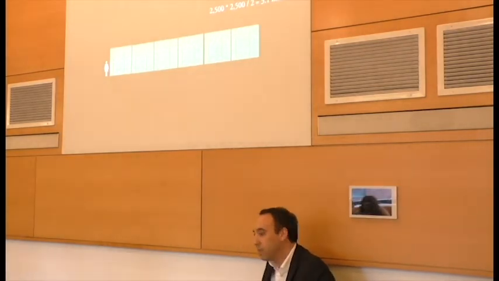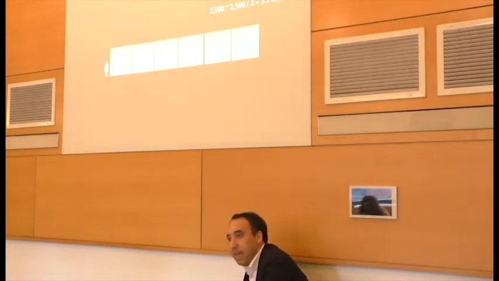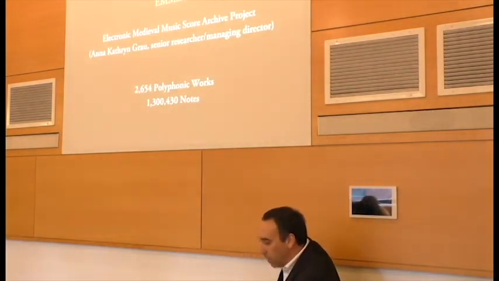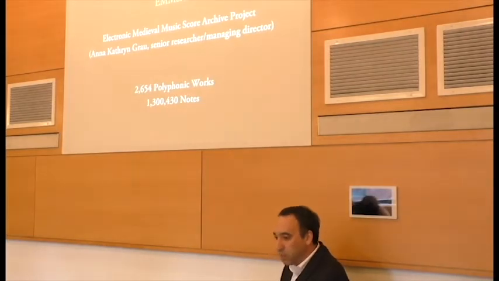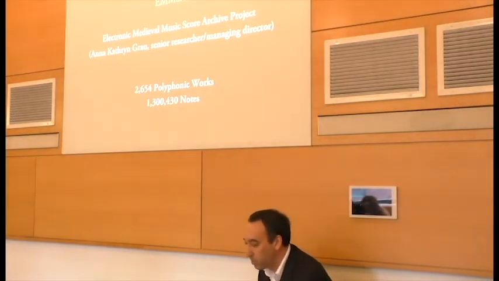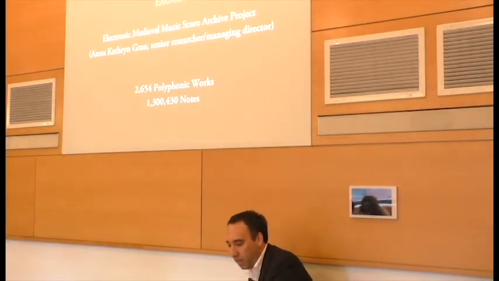And so this is really where I built Music21 for myself, to automate the process of identifying unknown citations. And in order to do this, I created a digital repertory that I call EMMSAP, the Electronic Medieval Music Score Archive Project. That's a complete encoding of the corpus of 14th and early 15th century music.